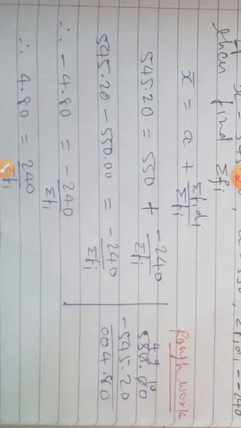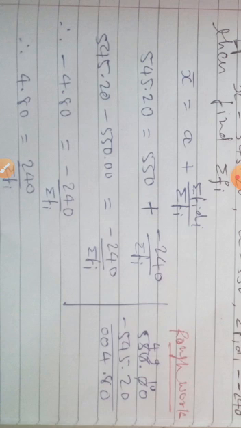Opposite signs are given, so it is a case of difference. But after taking the difference, we should apply the sign of the bigger number. So our answer is 4.80, but actually it is not 4.80, it is minus 4.80. Why? Because the bigger number has the sign minus. So the left side becomes minus 4.80.